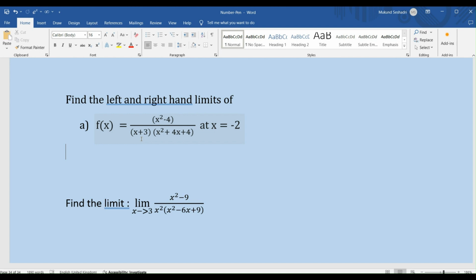So we'll figure out first if the expression can further be simplified. So it looks like it can. So let me write down the equation separately.